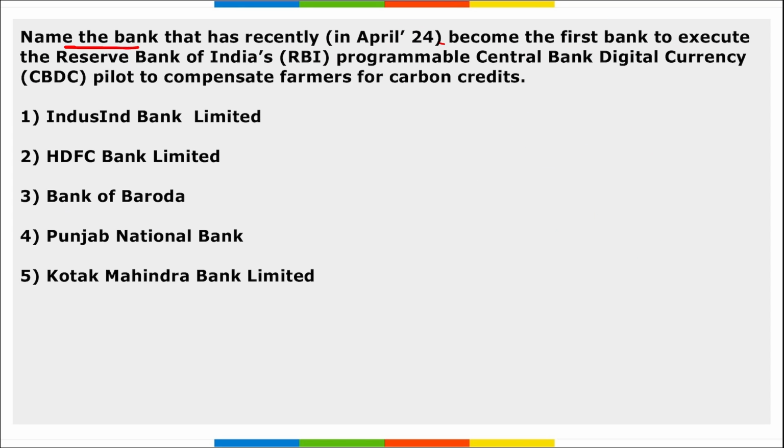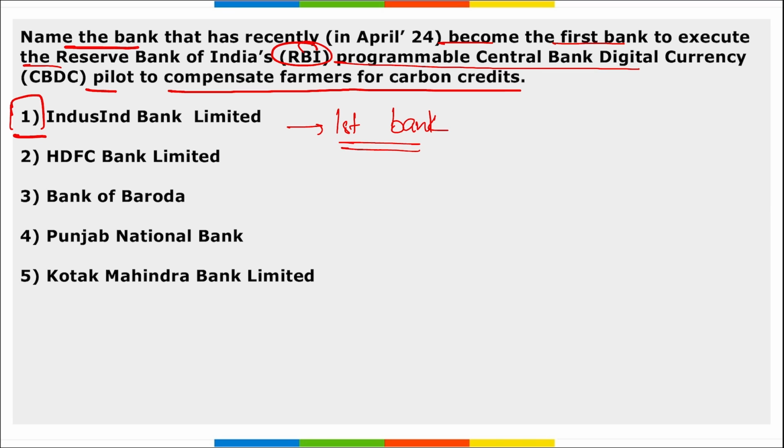Next, name the bank that has recently become the first bank to execute the RBI's programmable CBDC pilot to compensate the farmers for carbon credit. It is your IndusInd Bank Limited, right? They became the first bank to successfully execute the RBI's programmable CBDC pilot, and it is to compensate the farmers for their carbon credit.